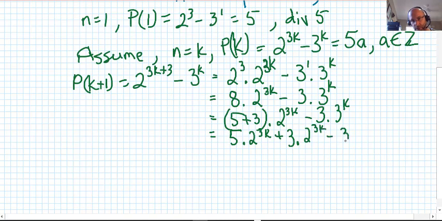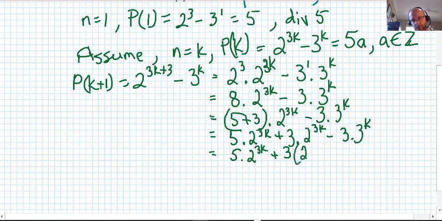I'm going quite gently here just so we can hopefully see where all the steps are going. Okay, and then we've got 5 times 2 to the 3k plus that common factor of 3 that I was talking about. You can see that towards the right.